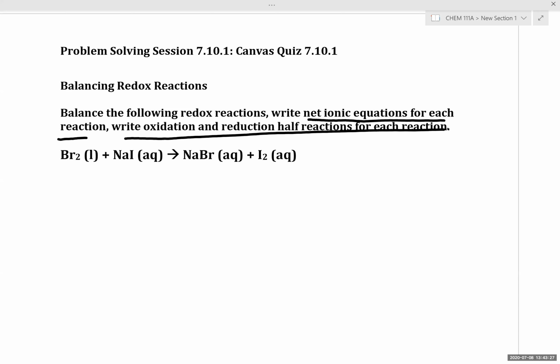And don't be shy to message me with your proposed balanced equation or coefficient for the following redox reaction.